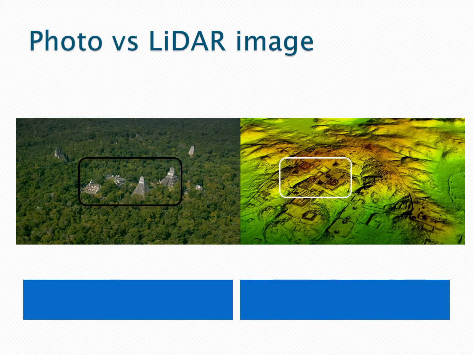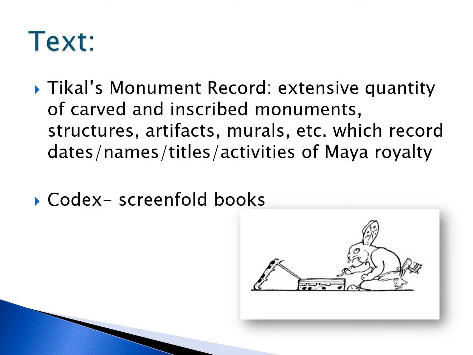Now, what is it that we see? From your readings, there is a goodly bit of reading about how we get information from looking at monuments, particularly those that are carved into stone or inscribed, but we also have a tremendous amount of text coming from murals, ceramics, and a number of other types of materials.